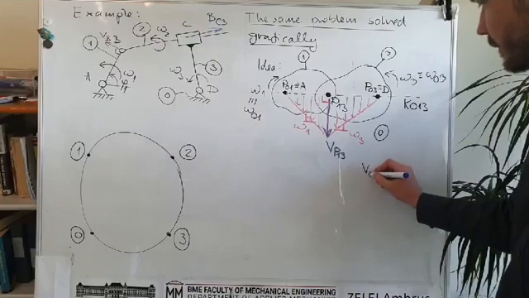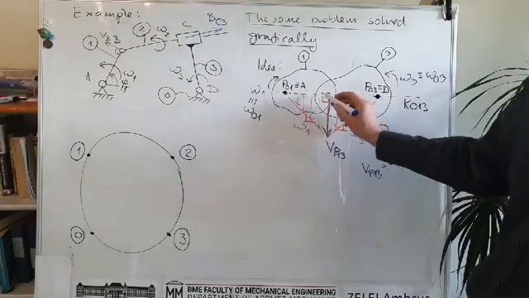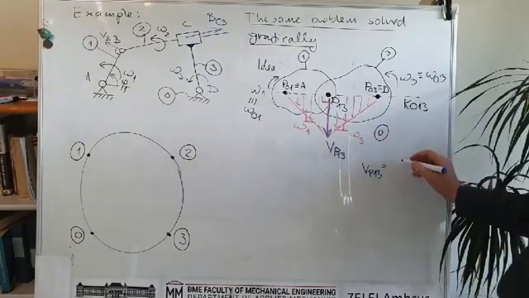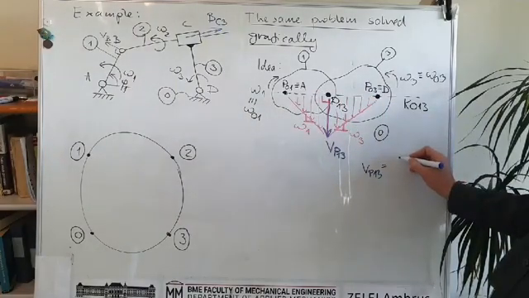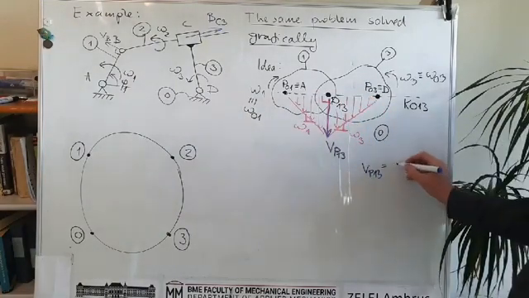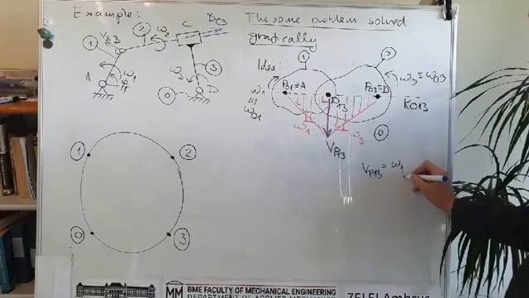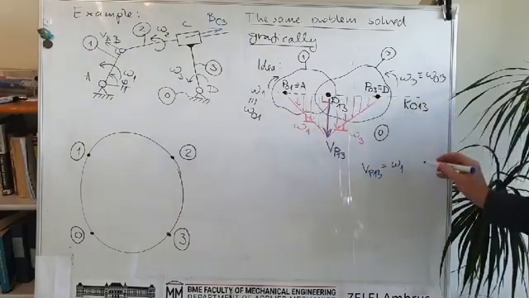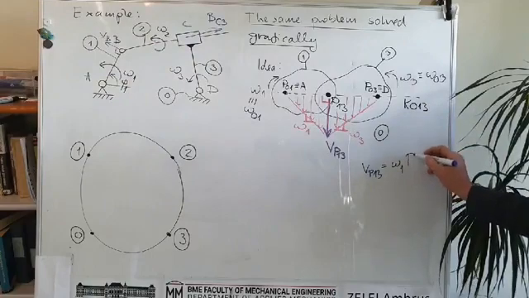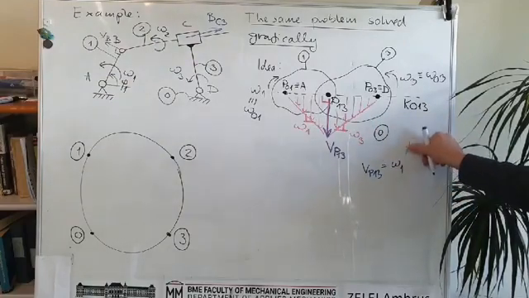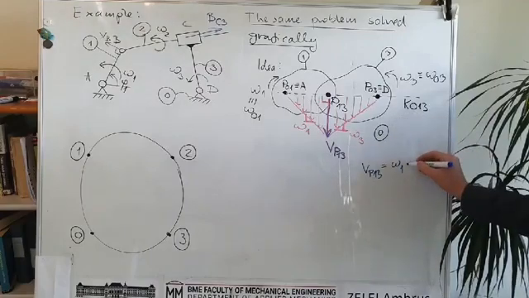So the velocity of P13 is equal to the distance here times the angular velocity omega 1. So this is omega 1 times the distance from P, or let's say A, okay, that would be easier.